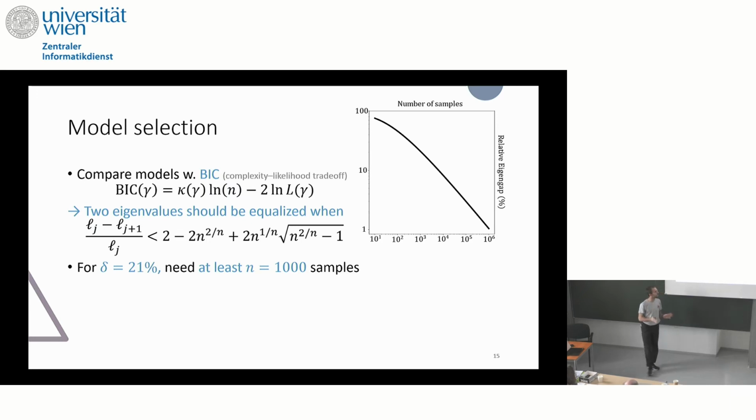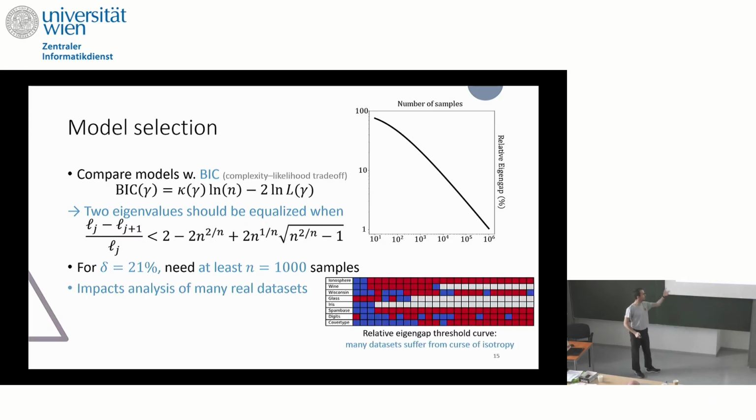We have that if we have 1,000 samples, then all the eigenvalue pairs with a relative eigengap lower than 21% should be assumed equal. So if I rephrase it, if you have an eigenvalue of 1 and an eigenvalue of 0.8, then you need at least 1,000 samples to distinguish them, which is rarely the case in practice.